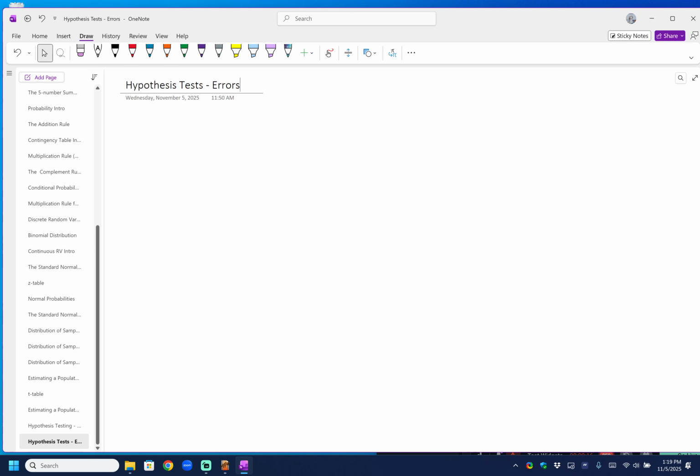But remember, that also meant that 1 out of 10 would not, because we can never be 100% confident in our results because we're making an estimation. Well, it turns out that in hypothesis testing, we run into the same type of scenario. When we make a decision in terms of a hypothesis test, sometimes it's right, sometimes it's not.